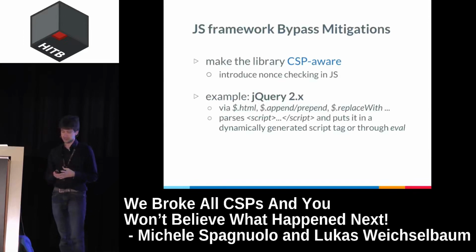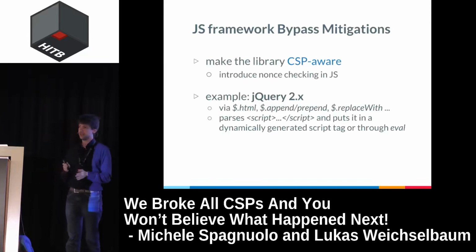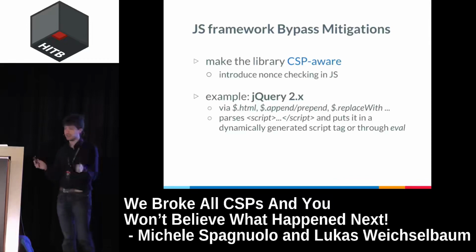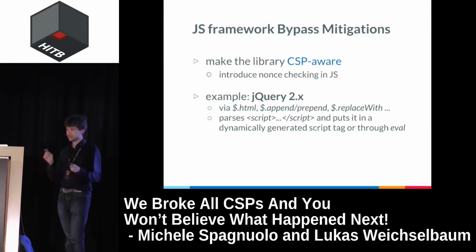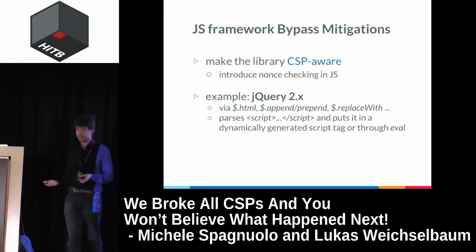So if you have some library that parses, for example, let's say you have jQuery. In jQuery, you can call .html, and you can pass some HTML to assign it to an element. You can pass a script. But as you know, if you pass a script to .innerHTML, that does not work because it is parser-inserted and the script does not trigger.